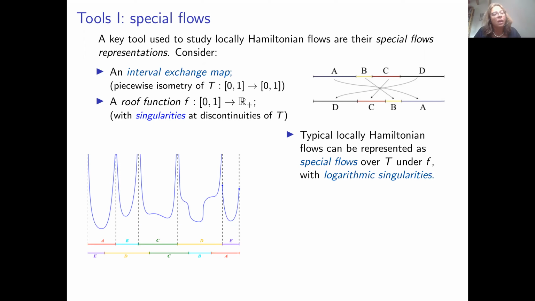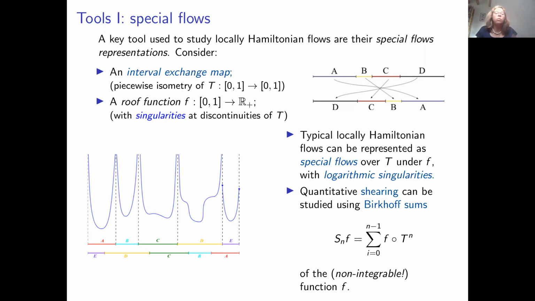There is the so-called special flow representation. You can represent your flow as the vertical flow in this picture, the vertical flow under this function, with identification from the top and the bottom given by the interval exchange.